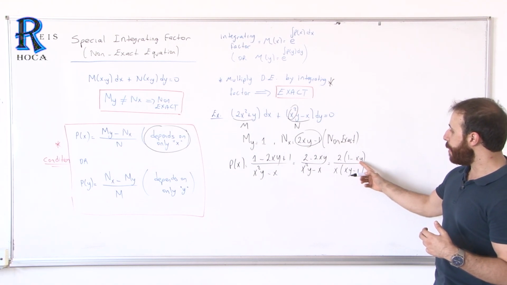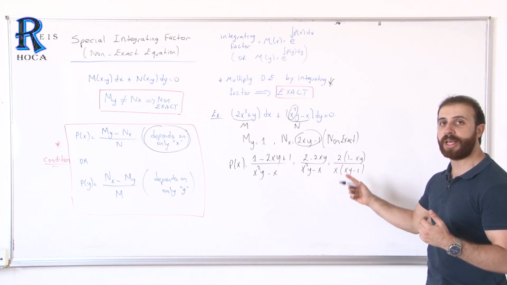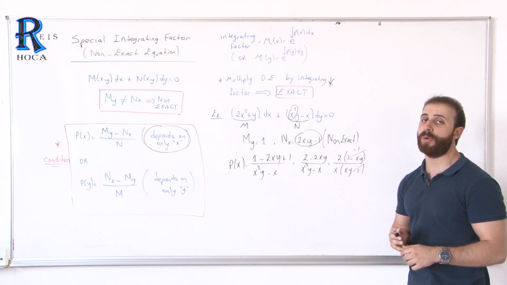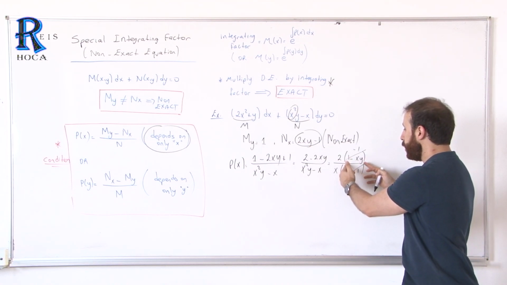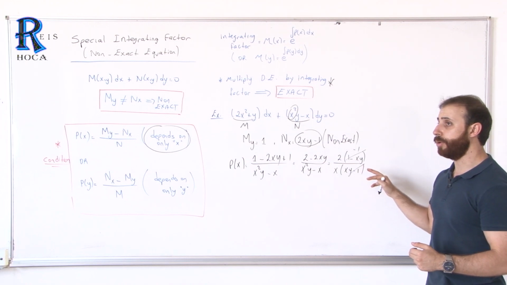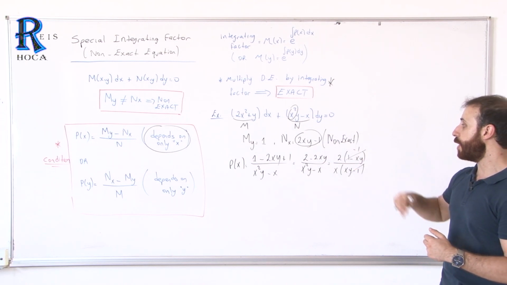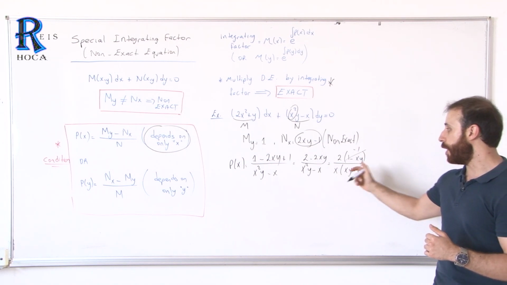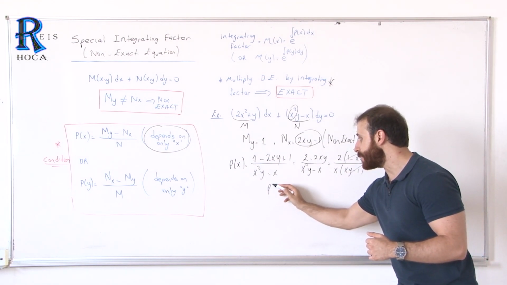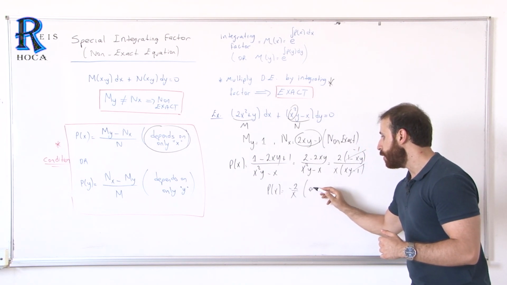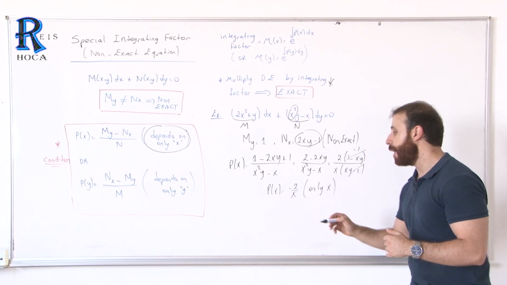You see 1 minus xy and xy minus 1, we can simplify, we have minus 1 because they are opposite according to addition. That's why minus 1. So px equals minus 2 over x. You see we just have only x.